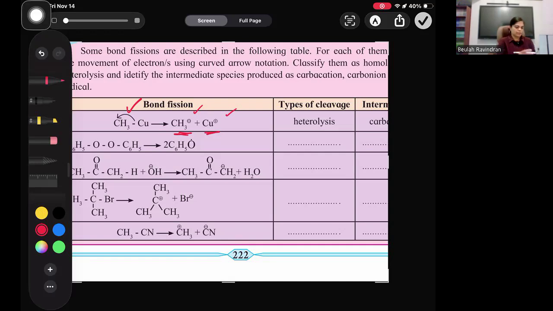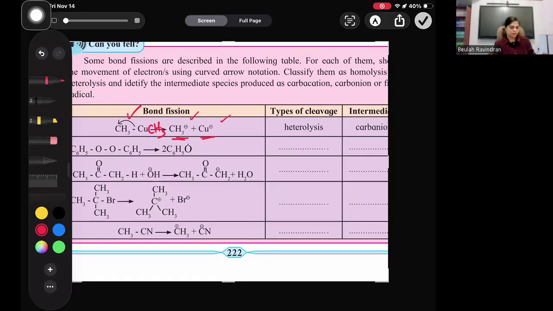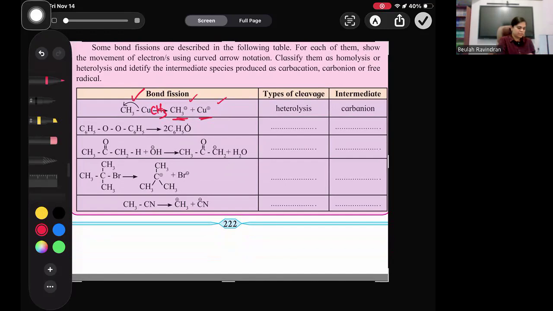CH3 should be there, but it is not given. Okay. Suppose it is CuCH3, it will be like that. Suppose you are given CH3, Cu, CH3, then it will be heterolytic cleavage.